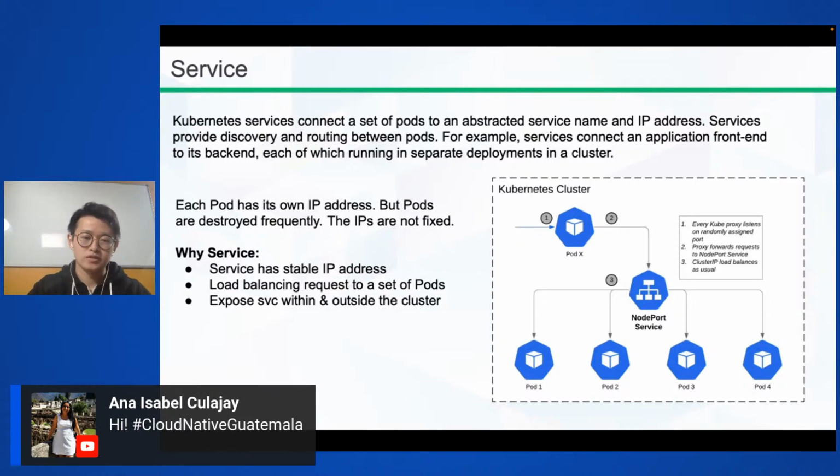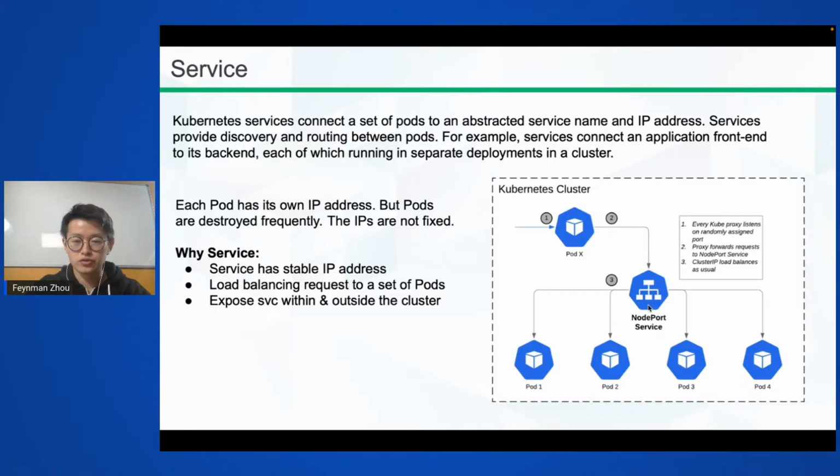And the second reason is that, as you can see from this topology, when your request comes from outside the cluster to this service, the service load balances requests to a set of pods. And finally, I think the service can expose them within or outside the cluster. So this is the basic scenario of a Kubernetes service.